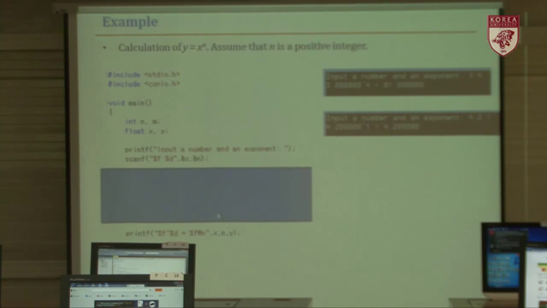Then we want to calculate y equal to x to the n. And please write the hidden part using a while statement. It wouldn't be that difficult, so please practice it. Okay?